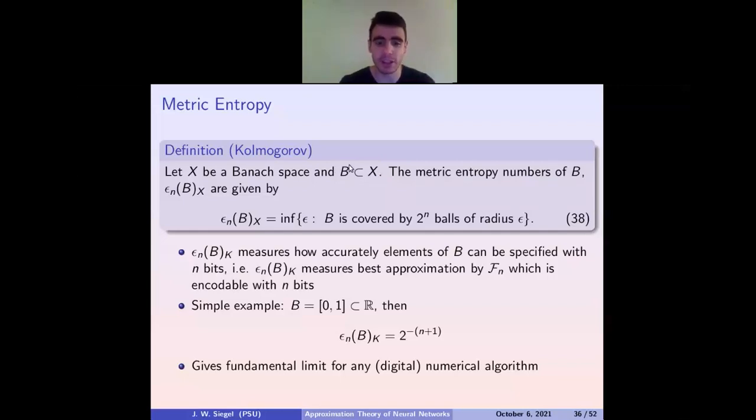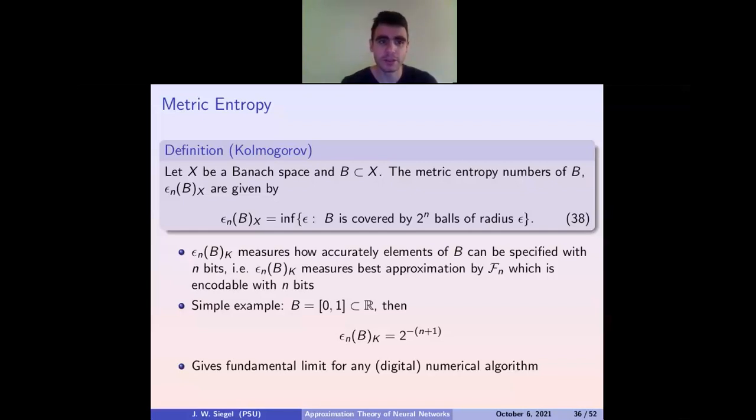In this case, often the metric entropy will decay polynomially. And because of this characterization, it gives a fundamental limit for how well any sort of numerical algorithm can approximate or learn functions from your class, because even with n bits, you cannot do better than the entropy.